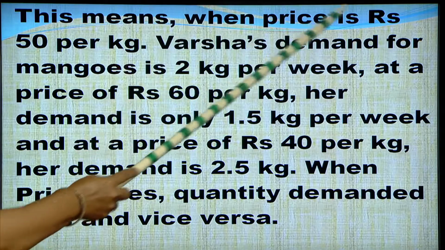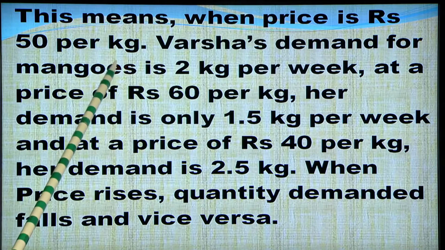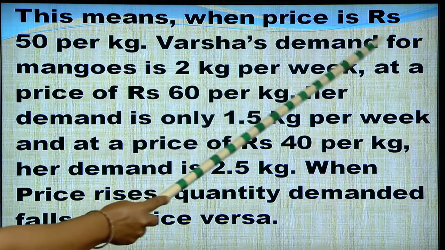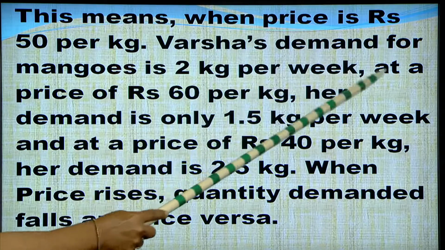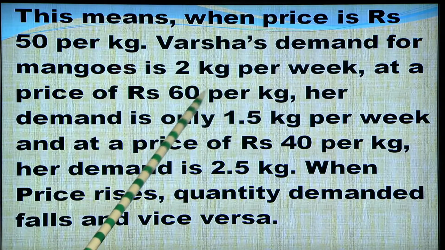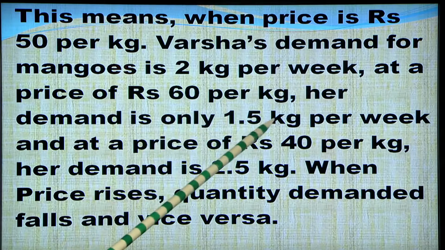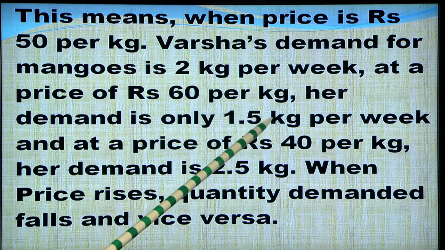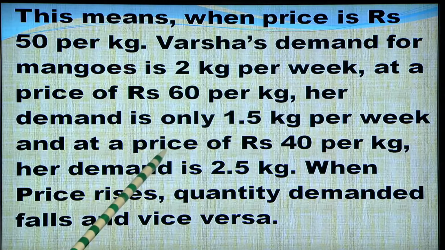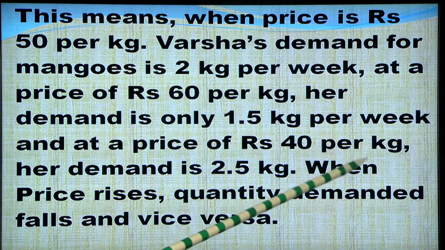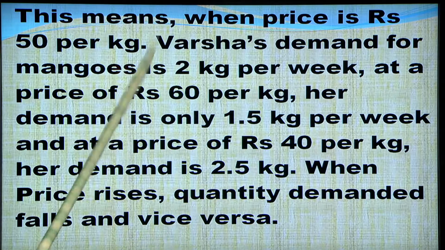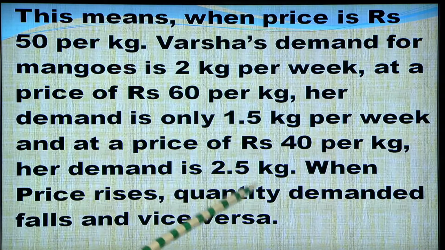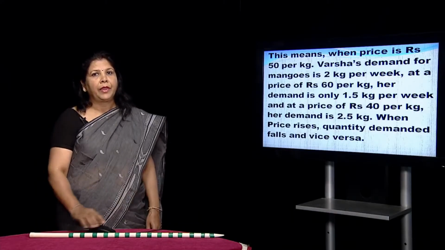This means when the price is rupees 50 per kg, Varsha's demand for mangoes is 2 kg per week. At a price of rupees 60 per kg, her demand is only 1.5 kg per week, and at a price of rupees 40 per kg, her demand is 2.5 kg. When price rises, quantity demanded falls and vice versa.